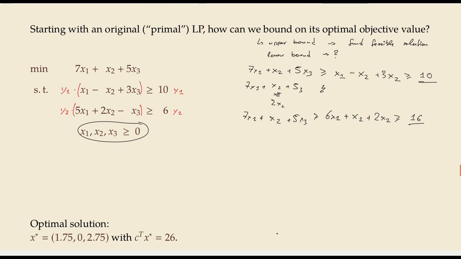We have to make sure that our y1 and y2 are weakly positive. I promised I would stick to weakly positive instead of non-negative. Otherwise the inequality sign is flipped and we can't continue here. But apart from that, we can choose any multipliers y1 and y2 and add these two up.